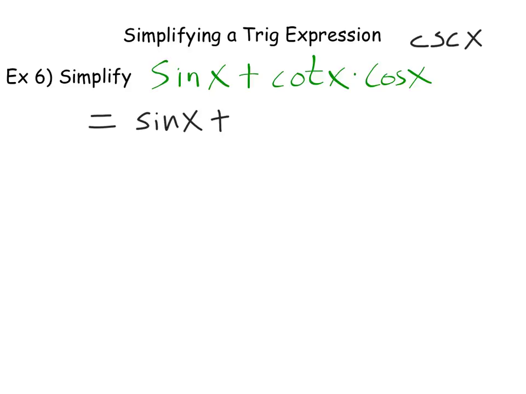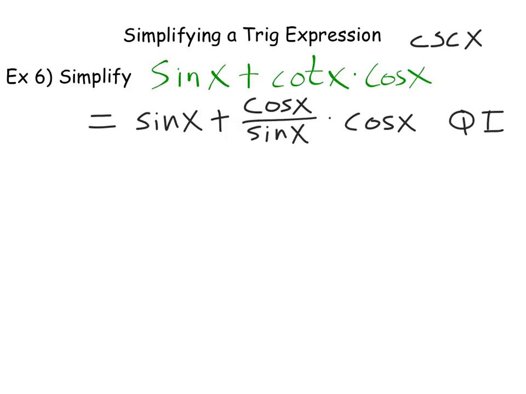There I can. We have one that states that cotangent is x's cosine value divided by its sine value. I'm going to justify that step with a little QI. That's a quotient identity that I used. Of all those identities you saw in the first day, Pythagorean, reciprocal, quotient, you're going to use those three a lot.